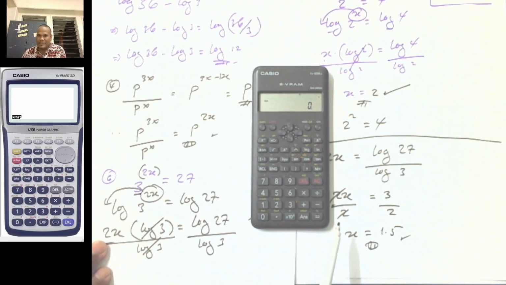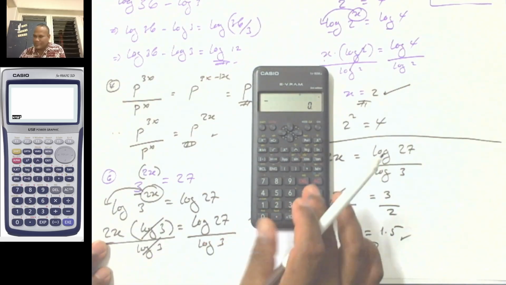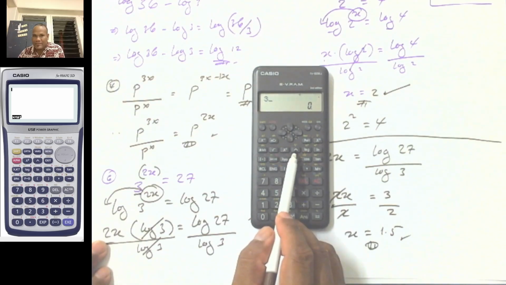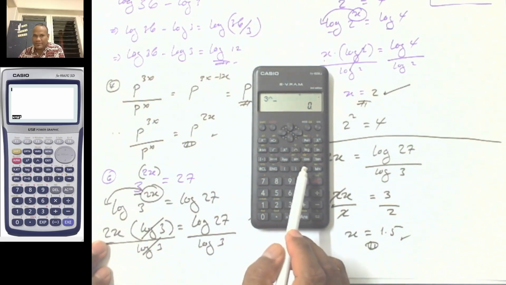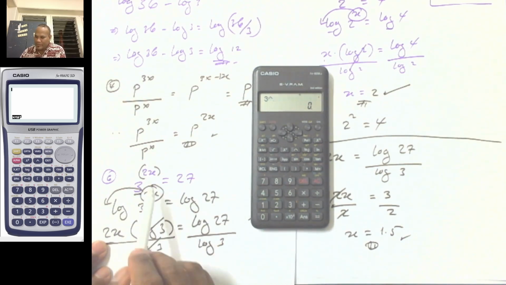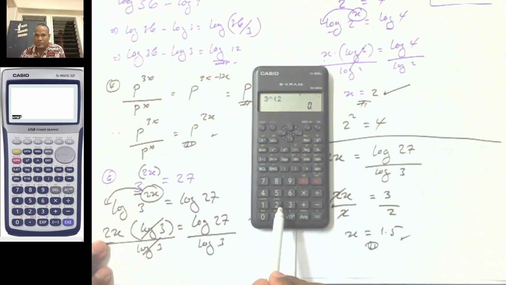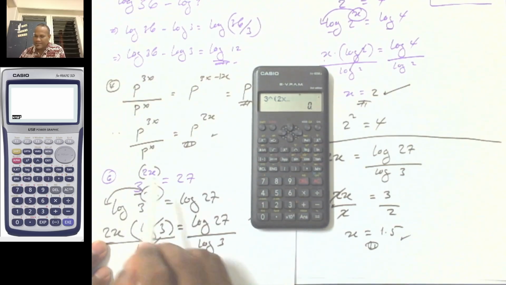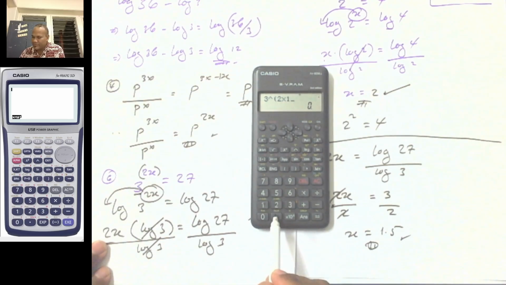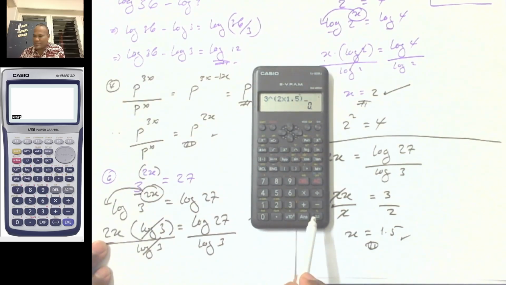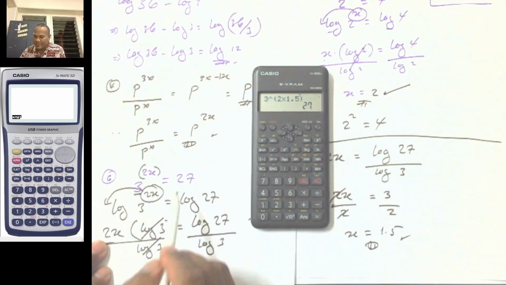So I'll press 3, then the power button, then open bracket, 2 times 1.5, close bracket. Equals 27. Is this 27? Yes. So 1.5 is correct.